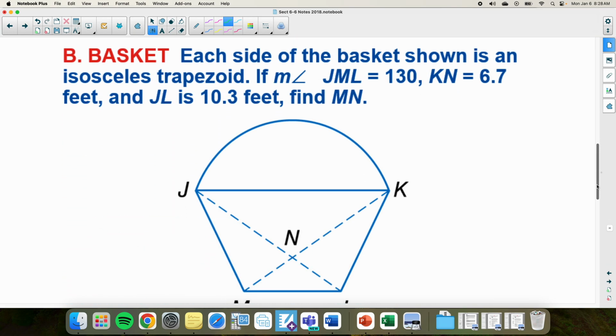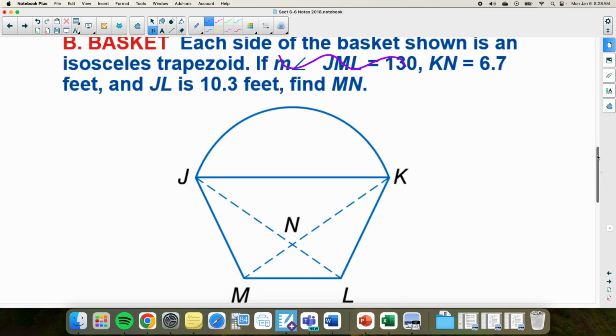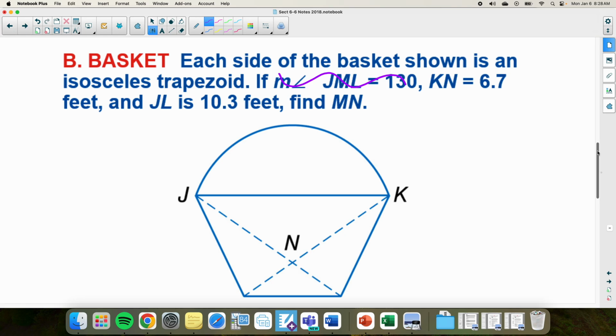Now in B, they are asking us for a length. So in this one, the angle doesn't matter. So you wouldn't have to worry about that. This is an isosceles trapezoid. So that means these two are parallel and these two are congruent.